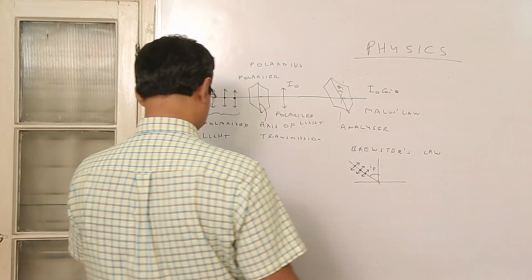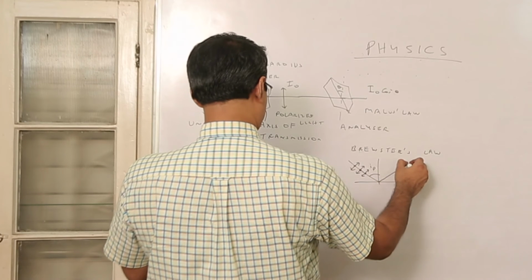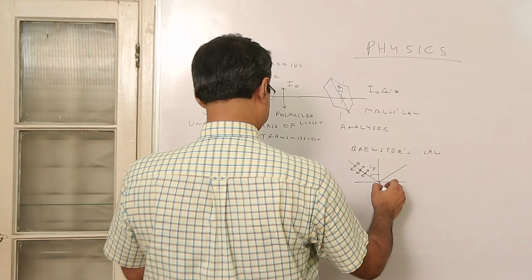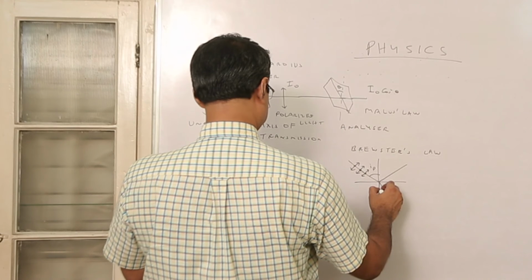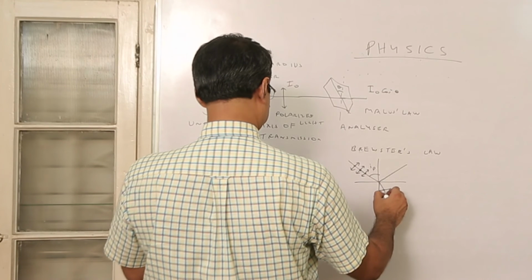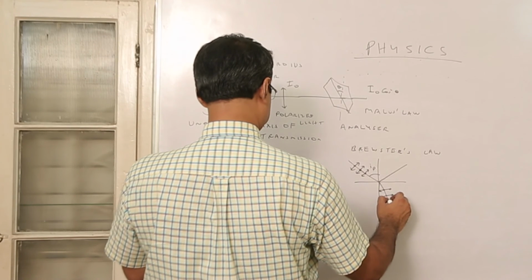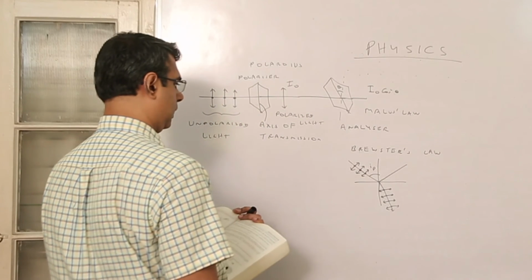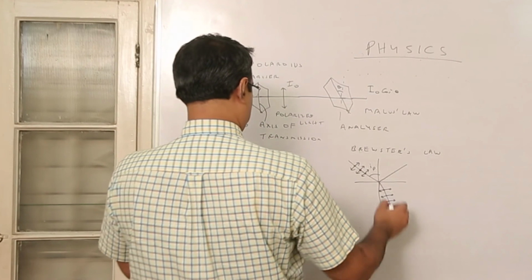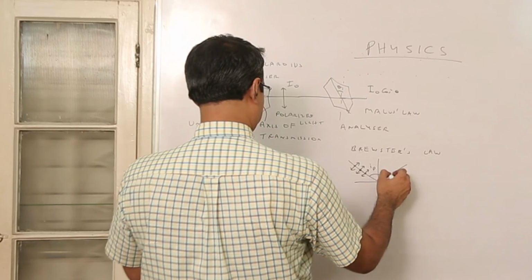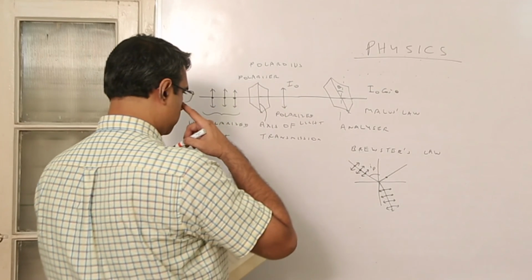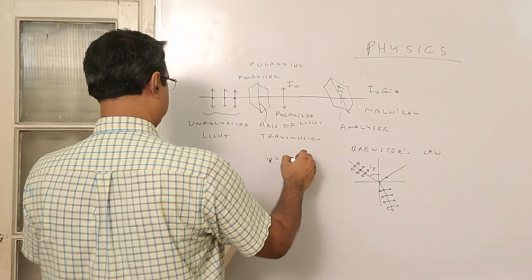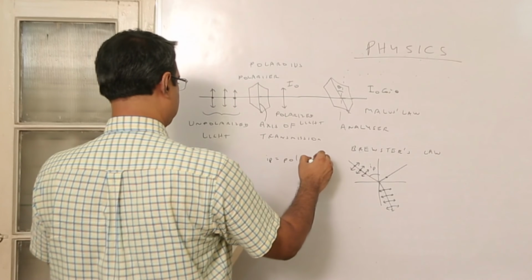This is unpolarized, and this is the refracted ray. This is also unpolarized. Now, for a certain angle of incidence, that is IP, IP is called polarizing angle.